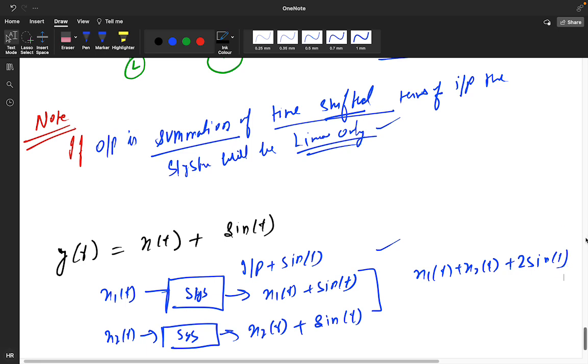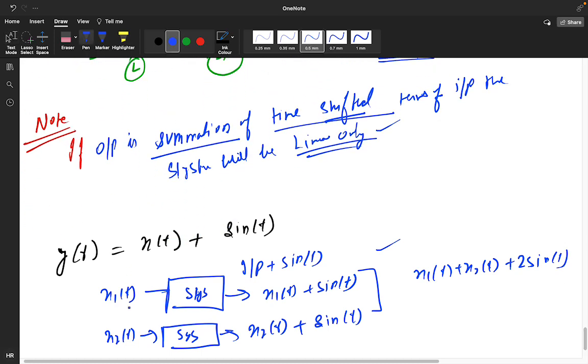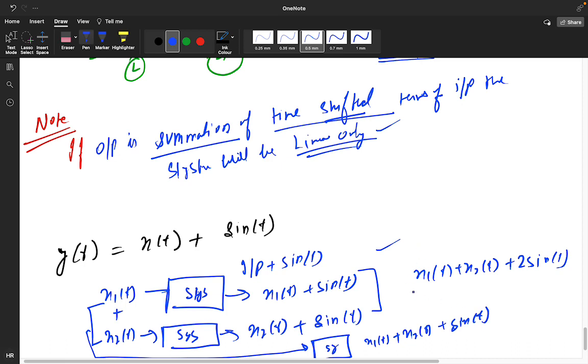Now if I add the two inputs and pass them through the system, the input becomes x1 of t plus x2 of t, and the system is doing input plus sine t only. So both are not the same. These two are unequal, because 2 sine t comes in one and only 1 sine t in the other. So it is non-linear.